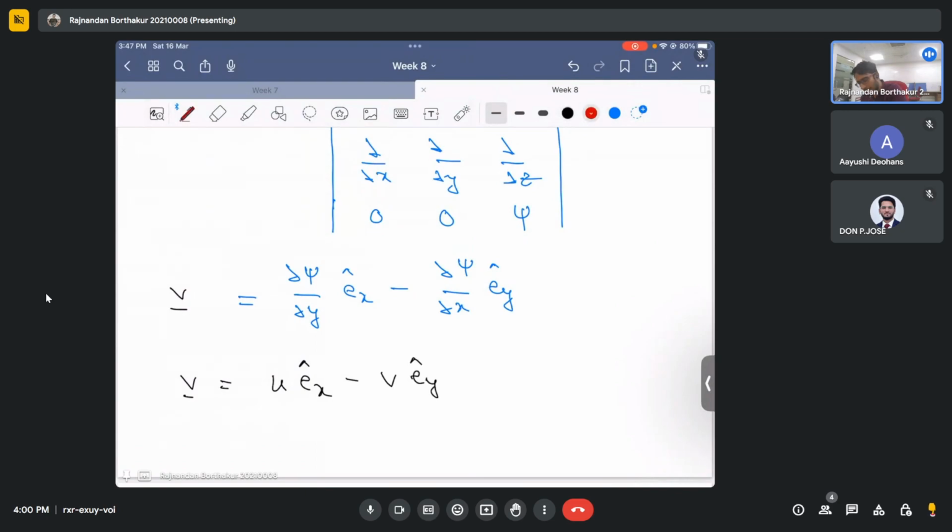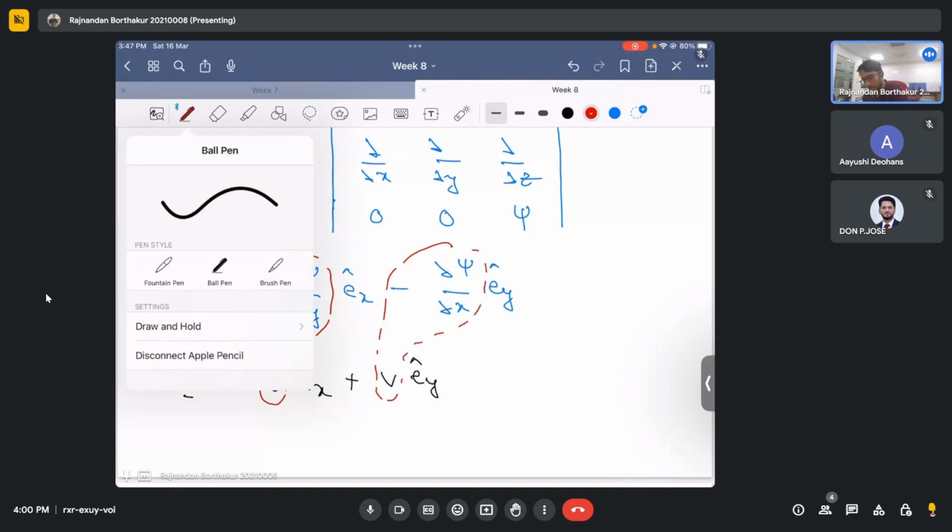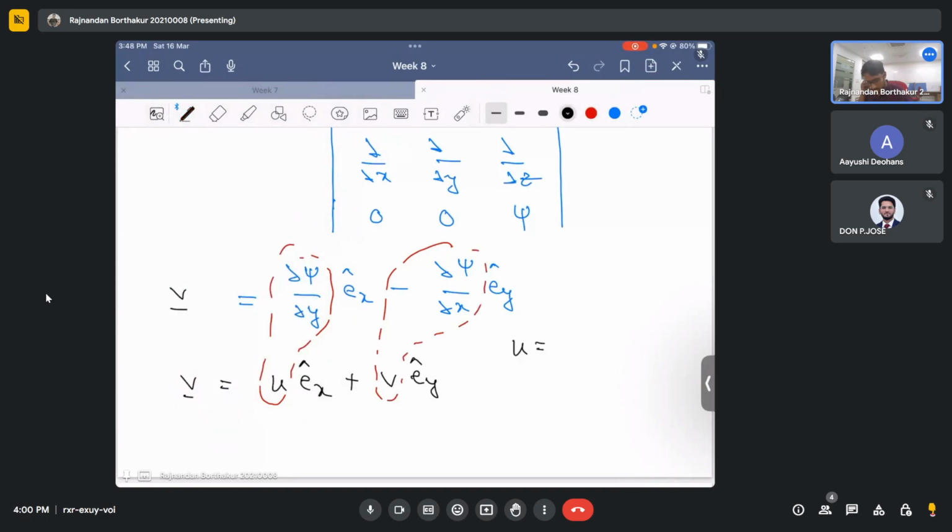If I now compare, I get that u is equal to del psi by del y, and v is nothing but minus del psi by del x.